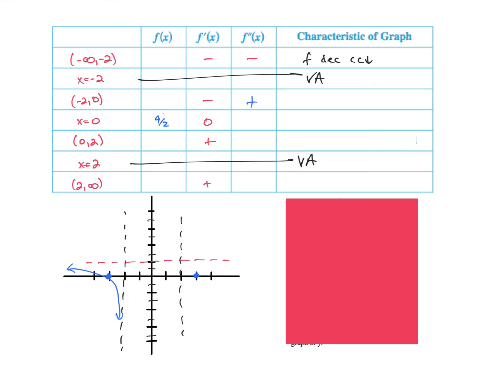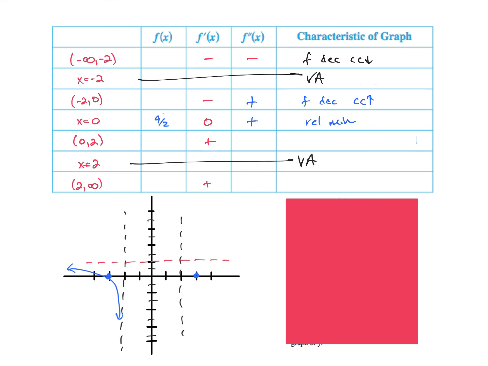So I'd have a negative over a negative, which makes it a positive. So what does that mean at x equals 0? What do I have going on here? Concave up. It's concave up, which means I have a what? Relative minimum. All right, I have a relative minimum going on.